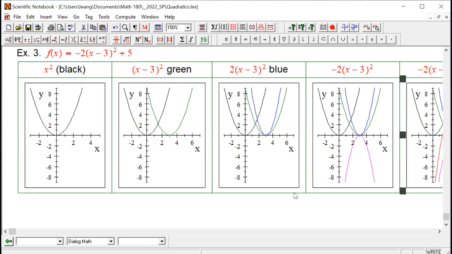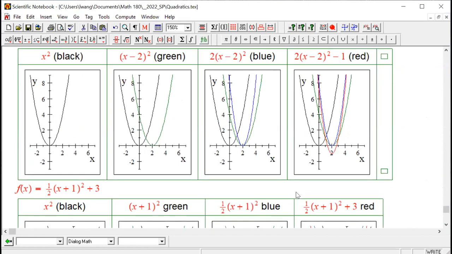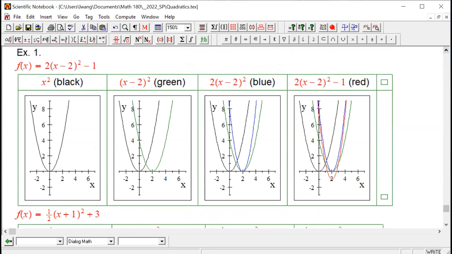Okay, so now let's look back at what we have done. In the first example, after we shift, what is the vertex? The vertex from shifting from 0, 0 to 2, 0 stays at 2, 0, and shifts down by 1 unit. So what is the vertex at the bottom?